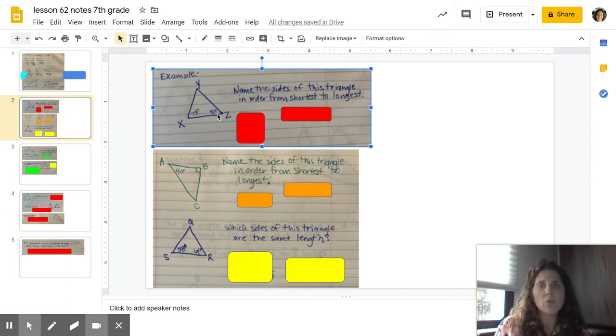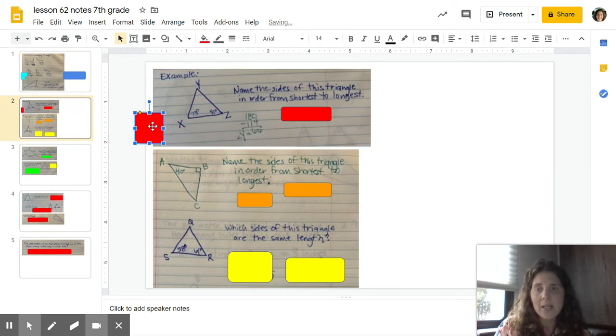What do we know is true about all the angles of a triangle? They add up to 180. If I add 73 and 41, I get 114. Take that away from 180 and I get 66 degrees. So this angle right here is 66 degrees.